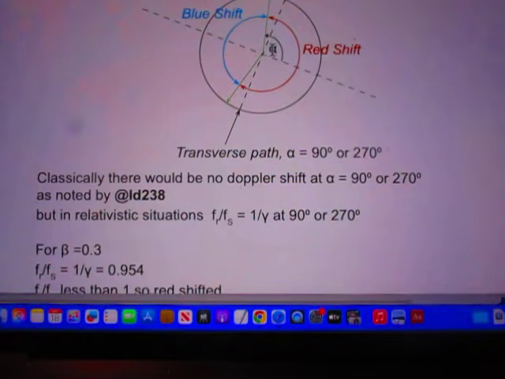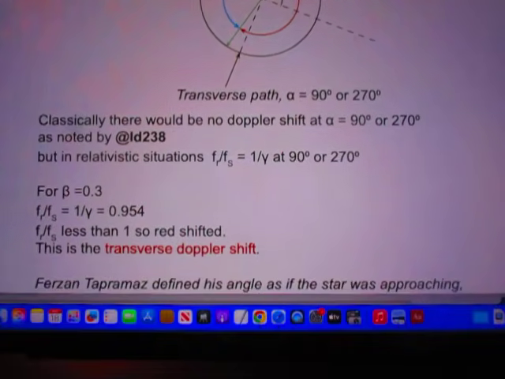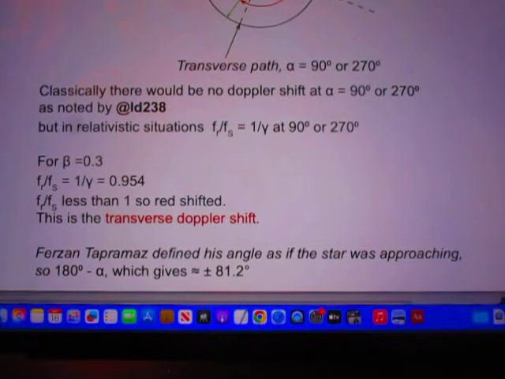If the angle alpha is 90 degrees or 270 degrees, then there is always redshift because of gamma. And we call that transverse Doppler shift.